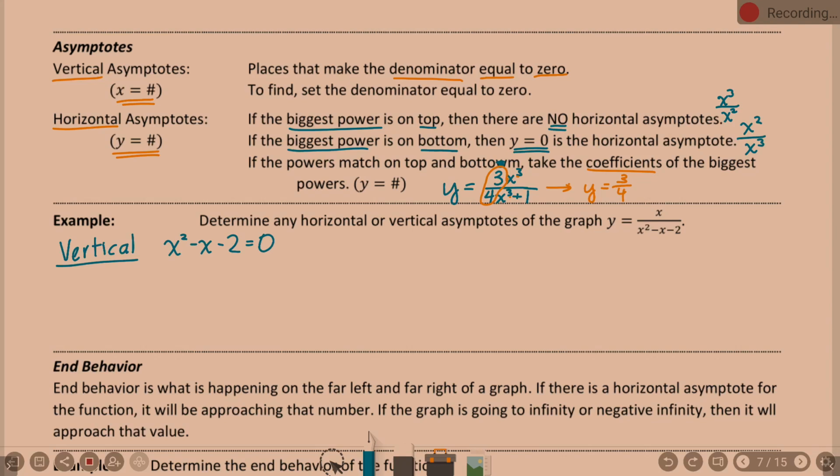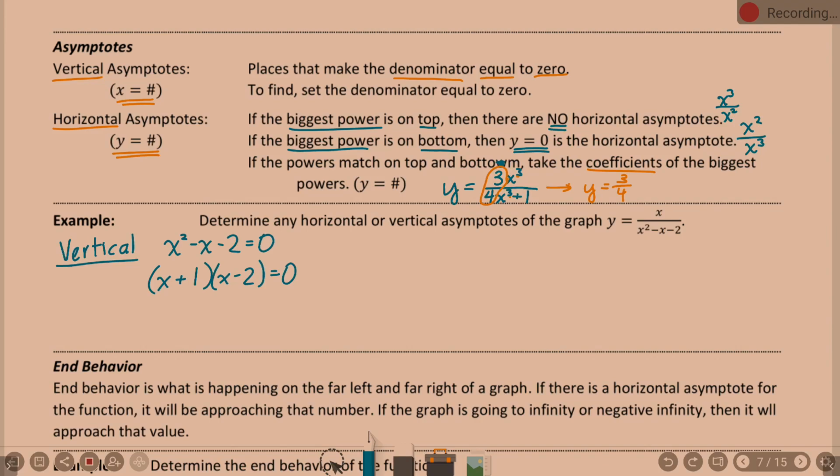How do I solve that? Factor. Yep, that factors. If you get Algebra 2 kids asking for your help, they're going to be asking for factoring help. That's what I taught today. X squared breaks into x and x, multiplying to be -2 and adding to be -1, so plus 1 and minus 2.